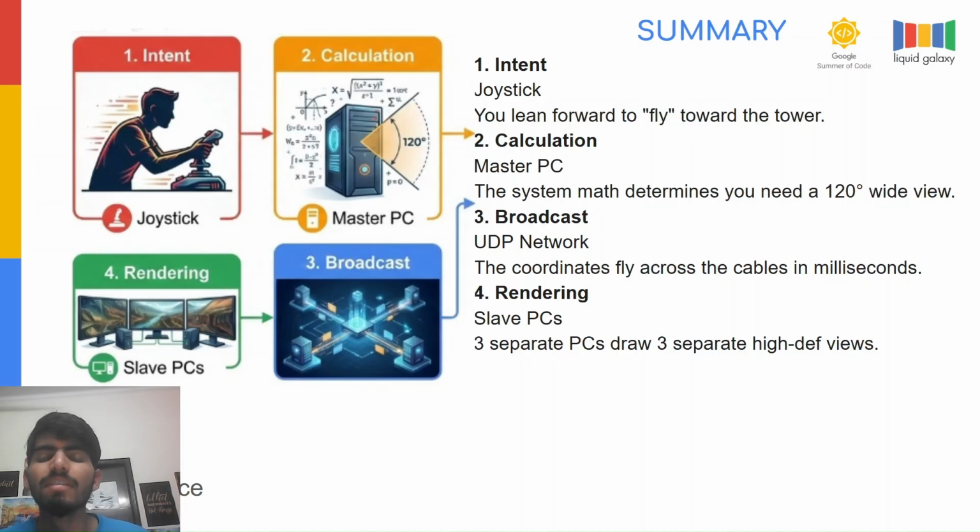Broadcasting is basically blasting your data in the network so that it can reach each of the slaves using the SSH connection. Then it is sent to the specific slaves, so that each slave can understand what they have to show. And finally, the slaves do the rendering.